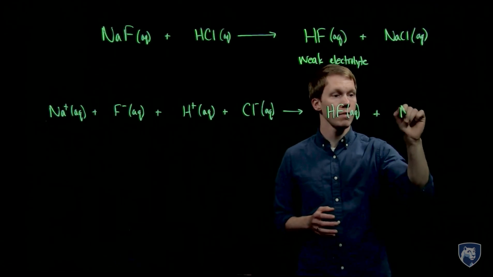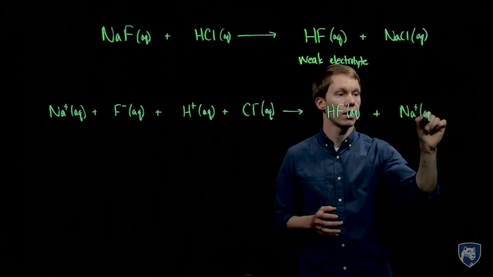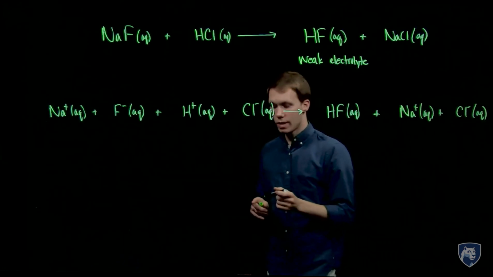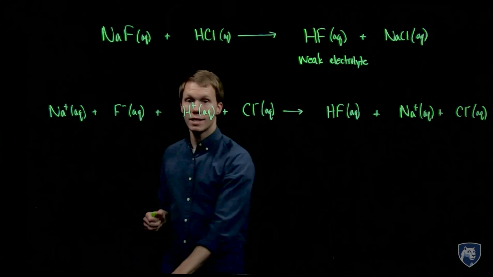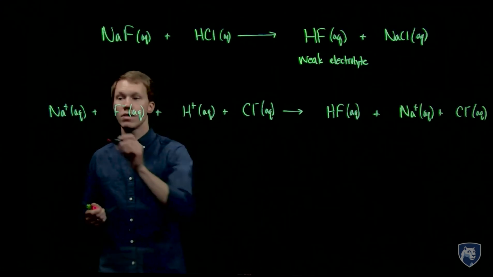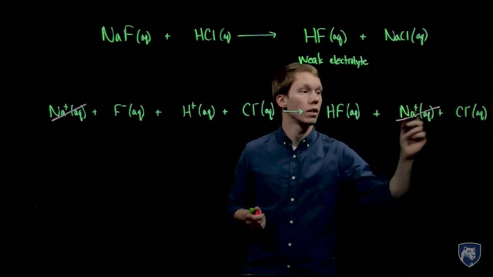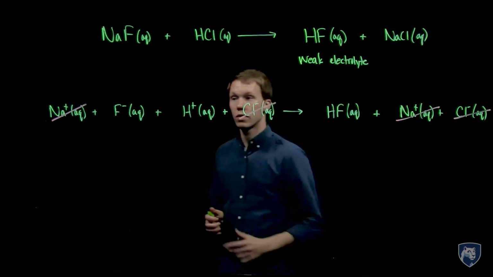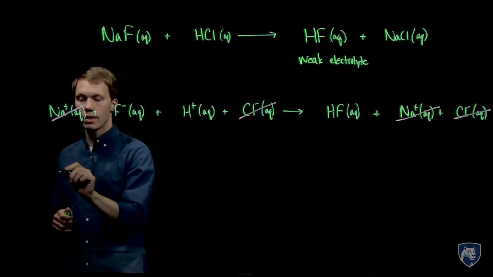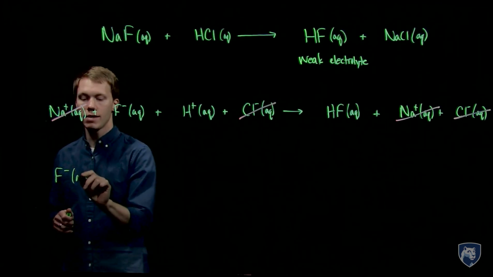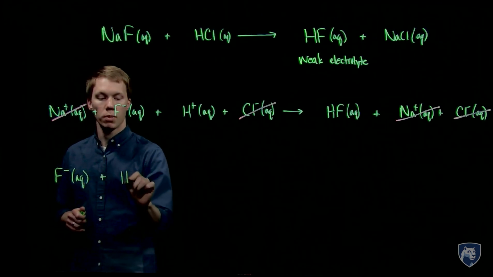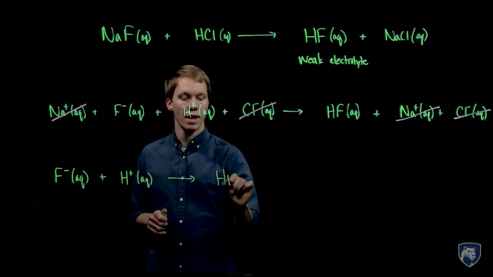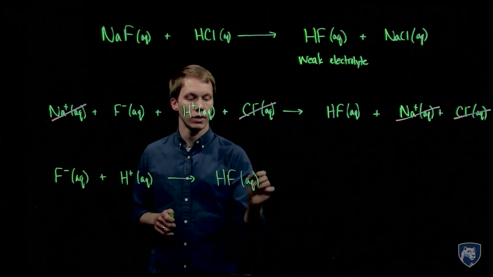So sodium plus chloride. All right, and then we would eliminate spectators, those that appear on both sides. So sodium does, and chloride as well. So we end up with a net ionic equation as F minus plus H plus, giving me HF, a weak electrolyte.